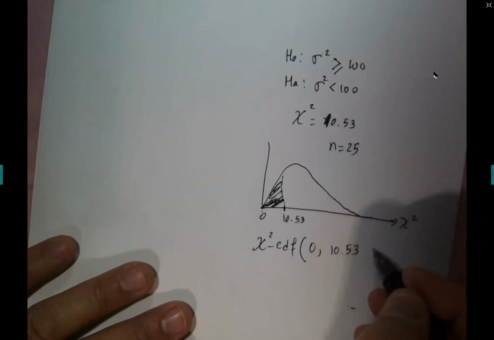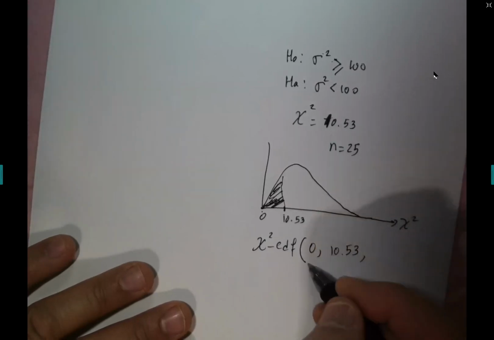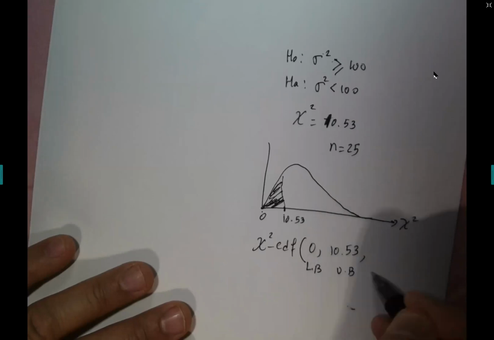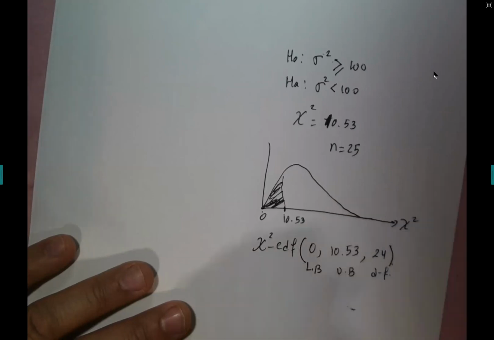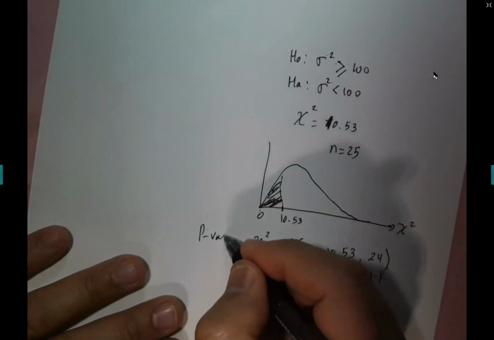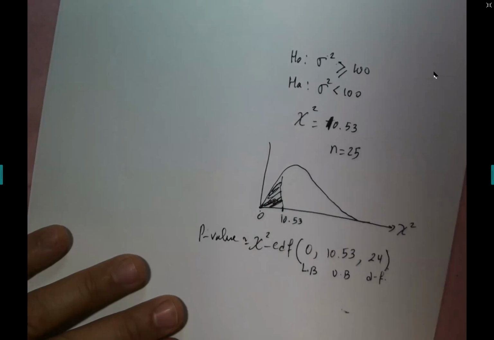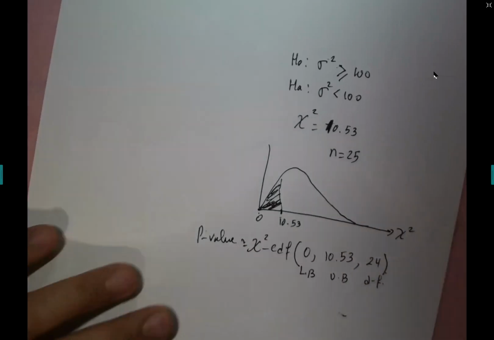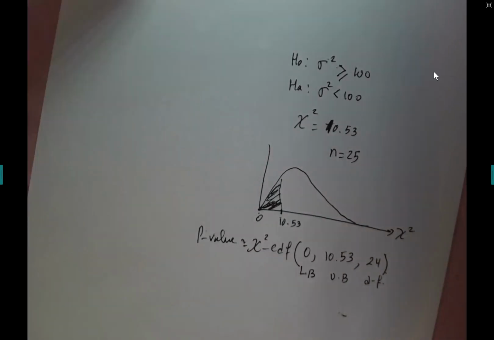And let's say n was 25. So what would be the degrees of freedom here? This is the lower bound, this is the upper bound, and this is the degrees of freedom. It will be 24. And then you can find the p-value this way. What about a two-tailed test? For two-tail, you will have to split them up.